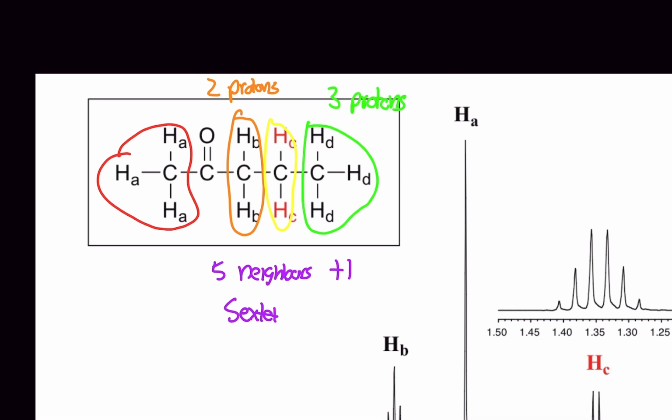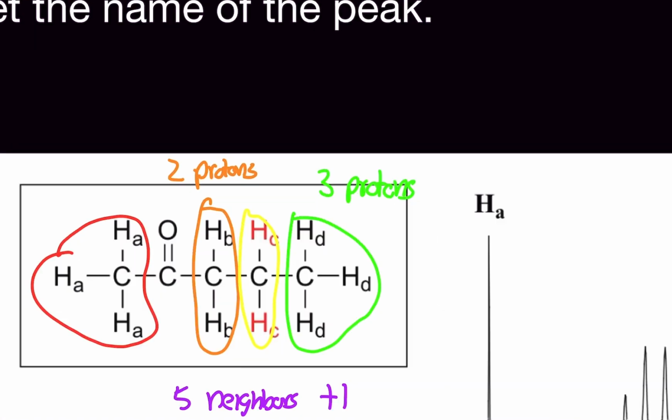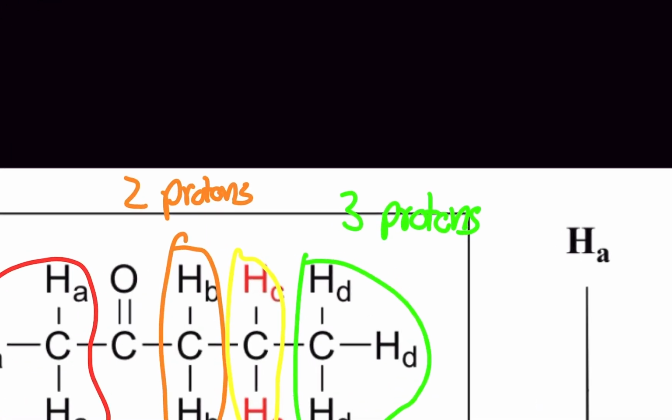Now, it is called something different, though, because it is being split by 2 different environments. What do we call this? First we investigate all the different environments. If we have 2 protons here, this is technically called a triplet.